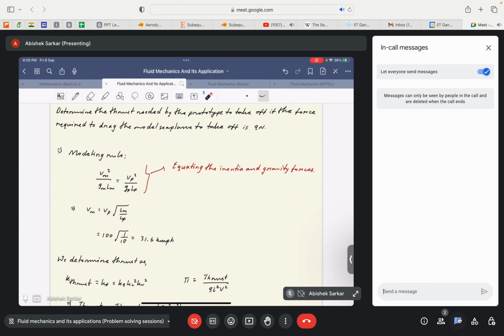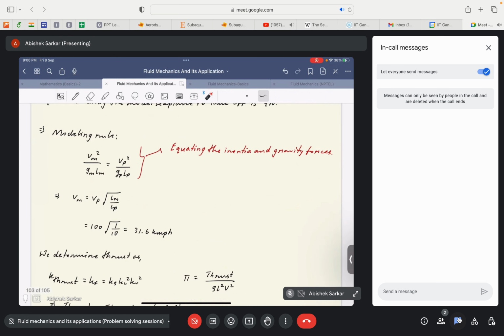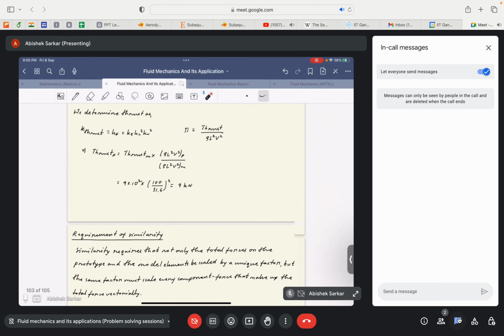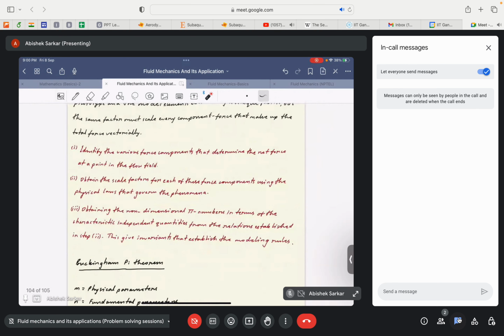Also, since we know the velocity of the prototype and the length scales are given, we just need to equate these terms, and then we finally get that the velocity of the model is equal to 31.6 km/h. Okay. So the next one is also similar. I won't deal with it since we are short of time.